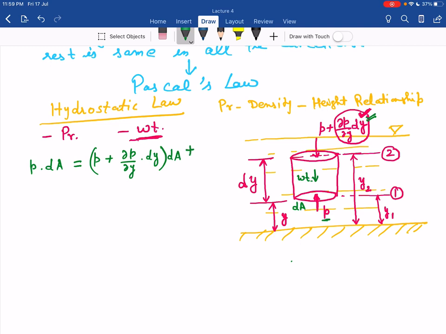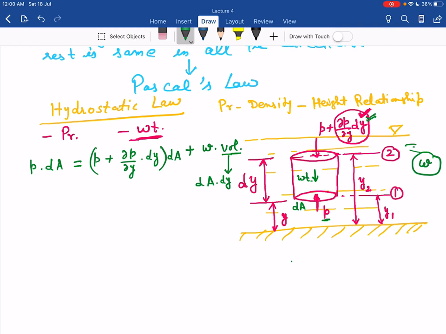Now the weight of this element is the specific weight of the fluid, say W, multiplied by the volume of the fluid. The volume of this cylindrical element is dA area into the height dy. So W dA dy is the weight of the element.